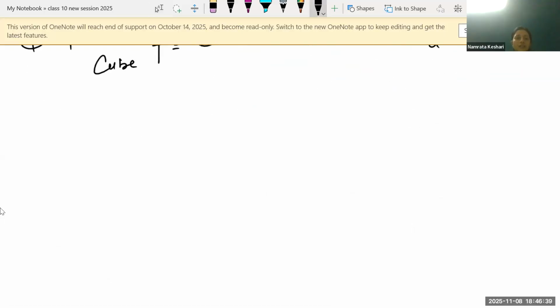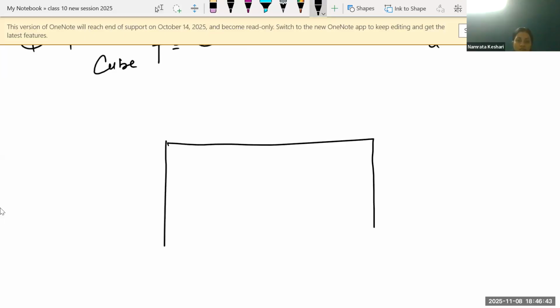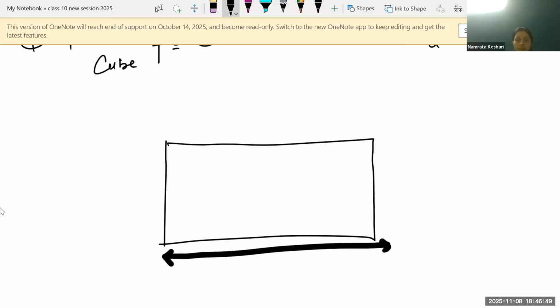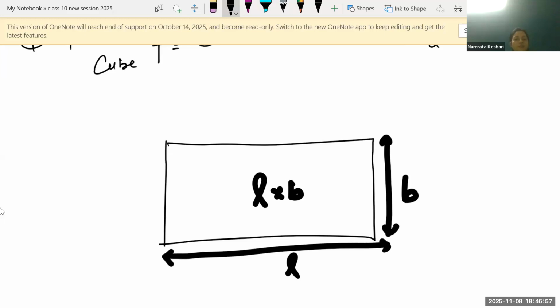Now the cylinder. Suppose we are having a rectangular sheet, where this is the length and this is the breadth. The area of this sheet is length into breadth. Now I am going to convert this sheet into the form of a cylinder like this.